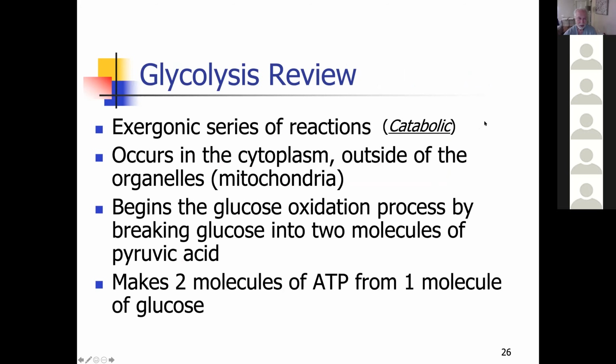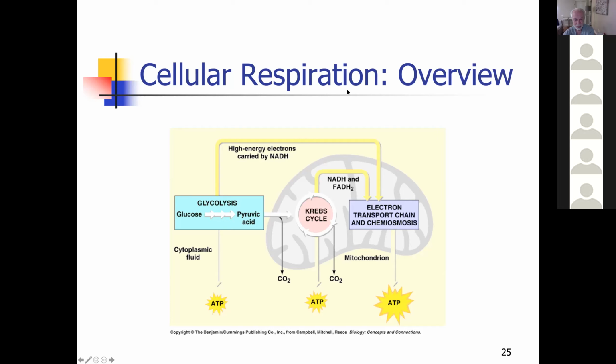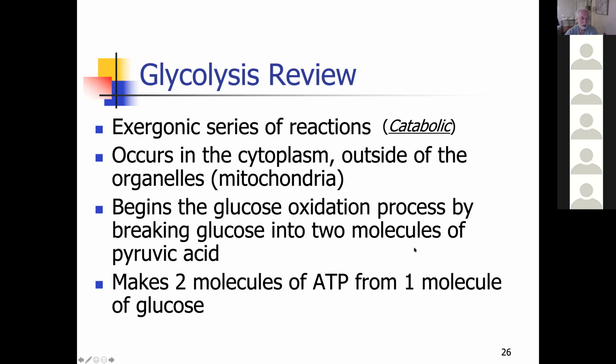Now, just to state, glycolysis is part of respiration. If we focus in on the glycolysis part of this, it's an exergonic series of reactions, which are catabolic. It occurs in the cytoplasm, outside of the mitochondrion.